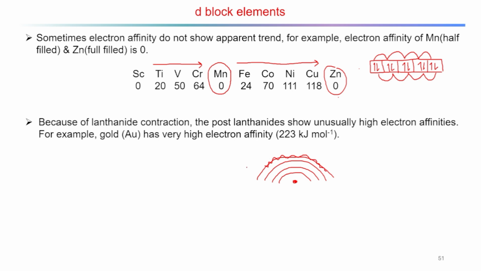So what happens, the next orbit, which is after this F, those electrons experience high attraction force towards this nucleus. So this orbit actually shrinks, it comes closer and it comes here.